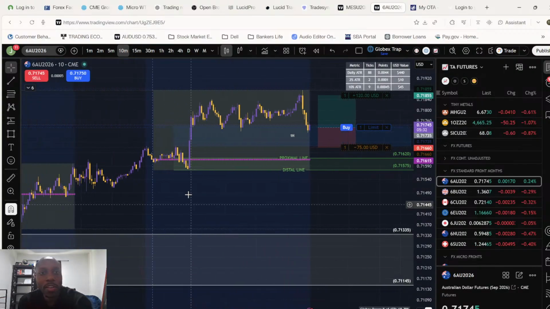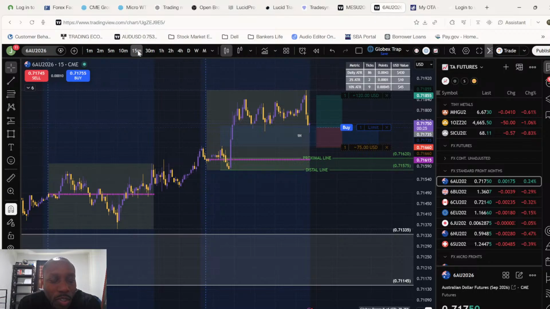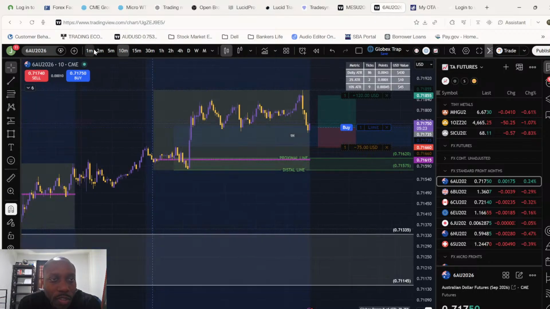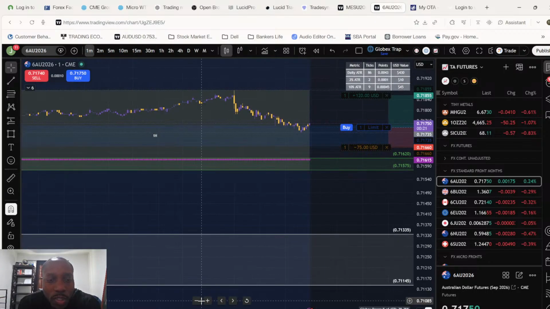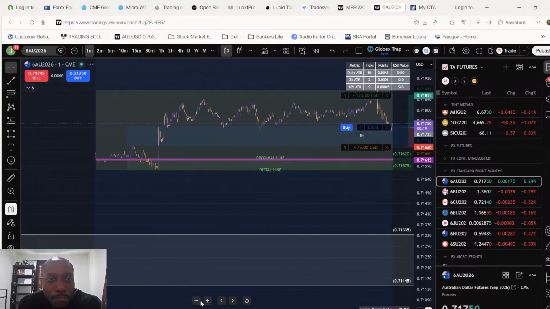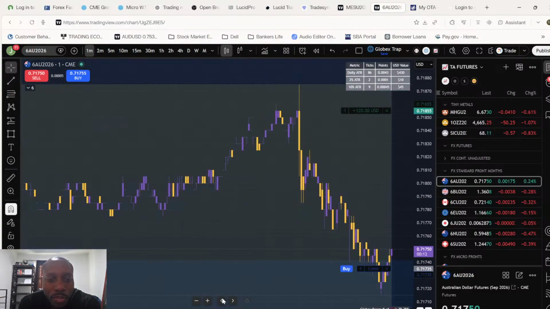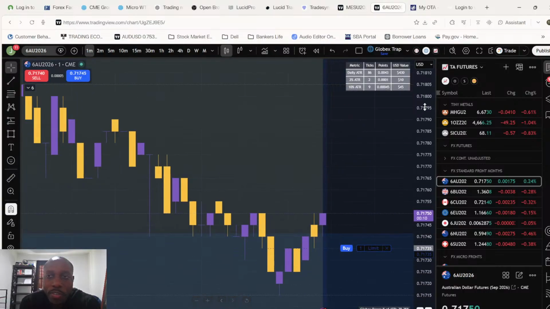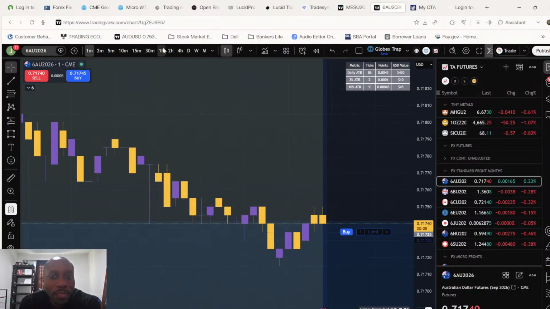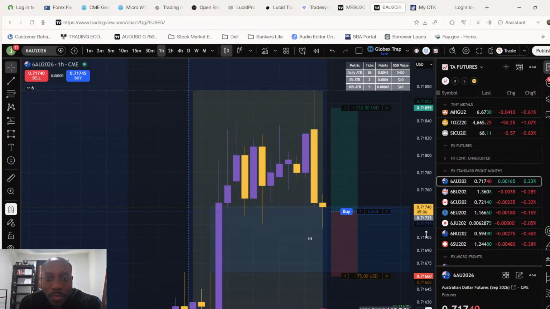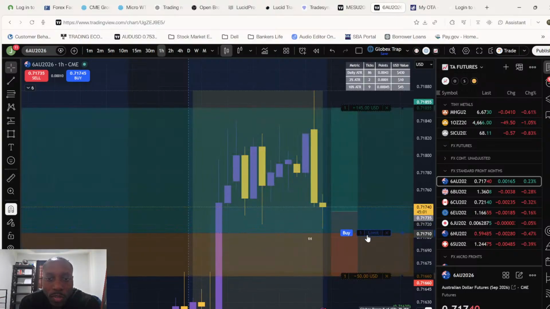See if we can get it to come down a little bit further. I don't know. 15, 10, 1. Yeah, I don't know. That was kind of your area. Could definitely come back down though.